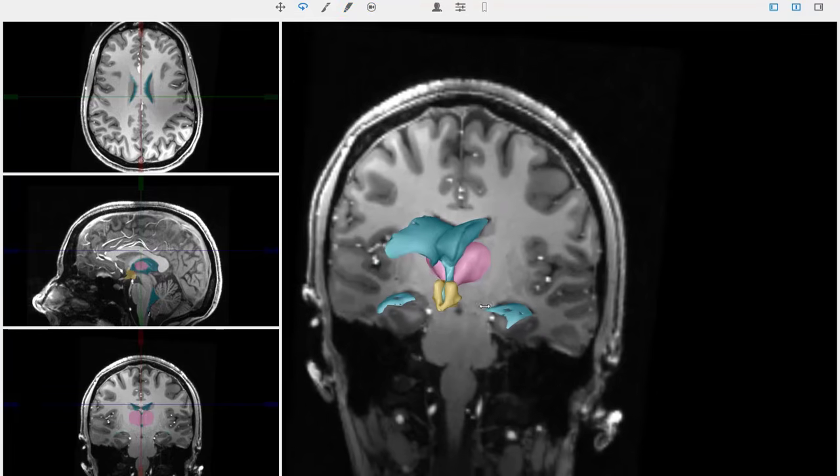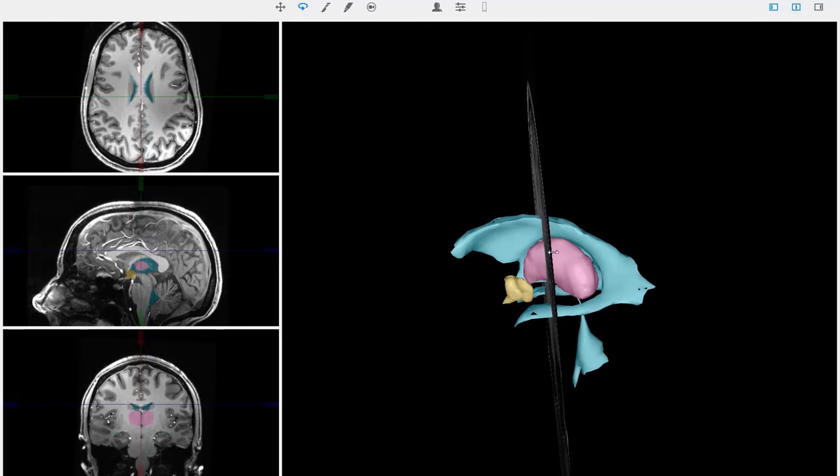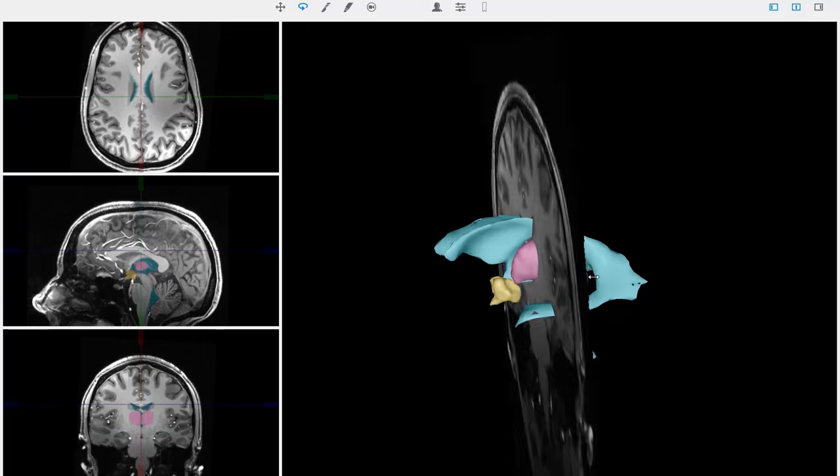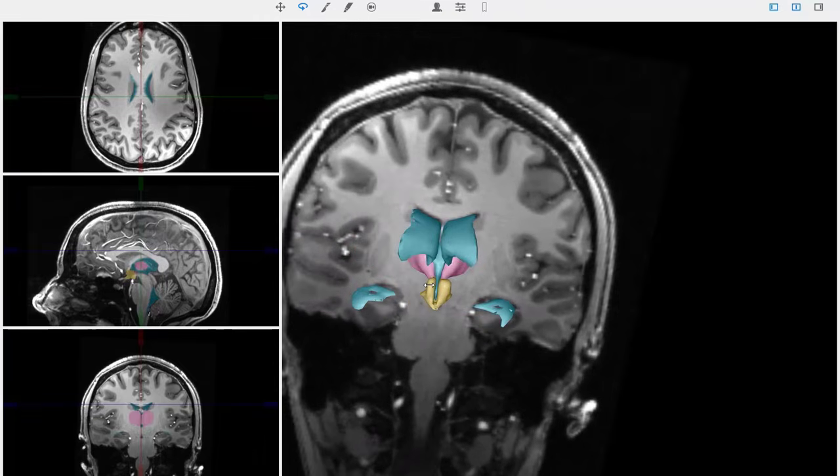And I'm going to rotate this so you can see the spatial relationships. You can see here that the thalamus is more superior and caudal, and the hypothalamus is more inferior and rostral. So when you're going through coronal slices, rostral to caudal, you're going to slice through the hypothalamus first, and then you're going to slice through the thalamus. But remember that they're both midline structures that are sandwiching.